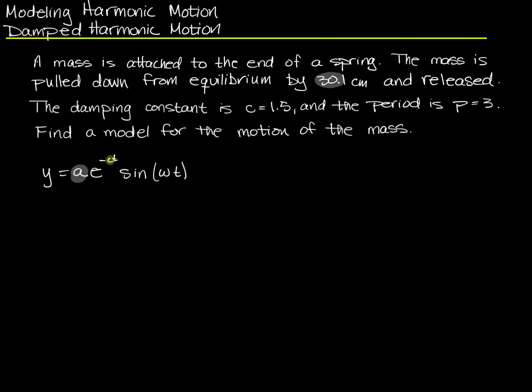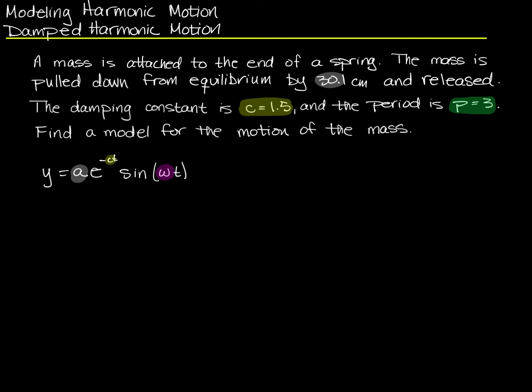C, kind of hard to see in the formula here, is my damping constant. And the period is 3, but that's not directly in the formula. I need to use that to find omega. Once I have omega, basically I just need to plug the values in, and I have the equation I was looking for.